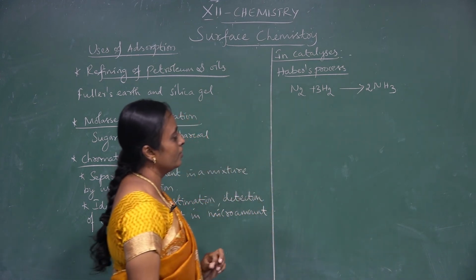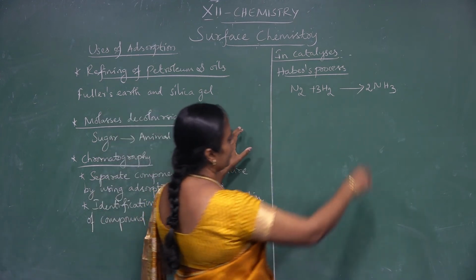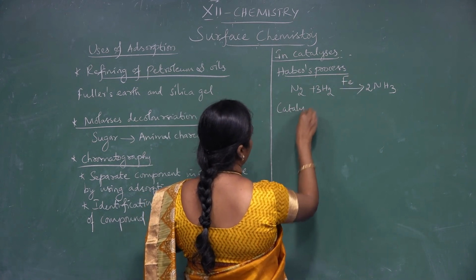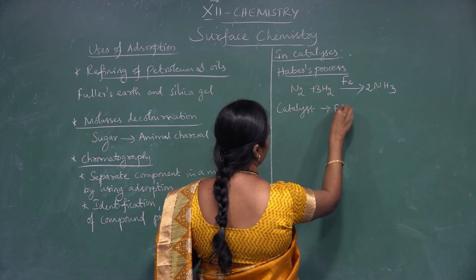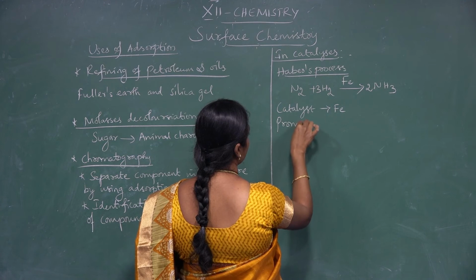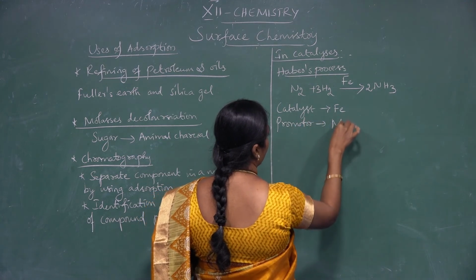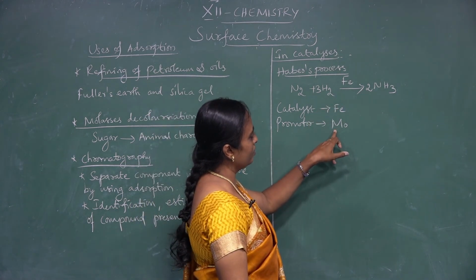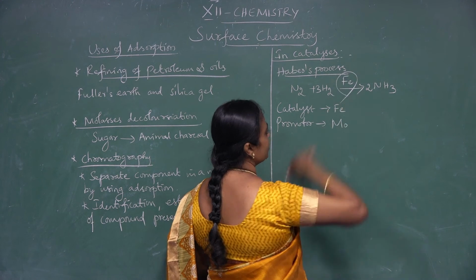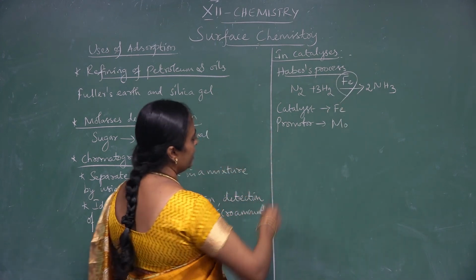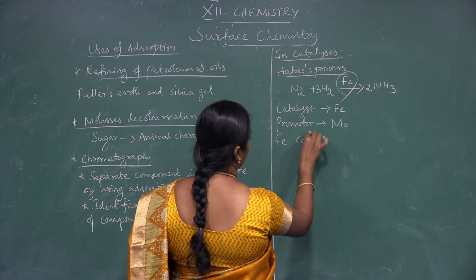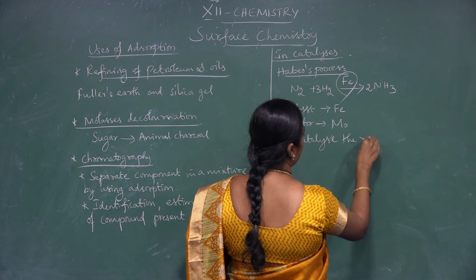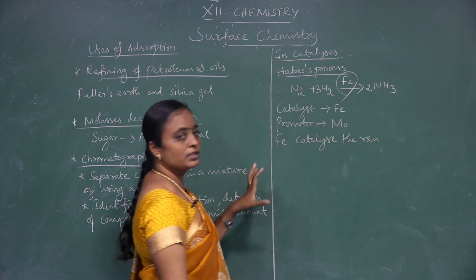This is the formation of ammonia, and this reaction is catalyzed by iron. So here we have used iron as the catalyst, and in the same way a promoter, molybdenum. There are two elements we have used: one is iron and another is molybdenum. Here, iron is the catalyst. The iron surface catalyzes the reaction, and this is because of adsorption.